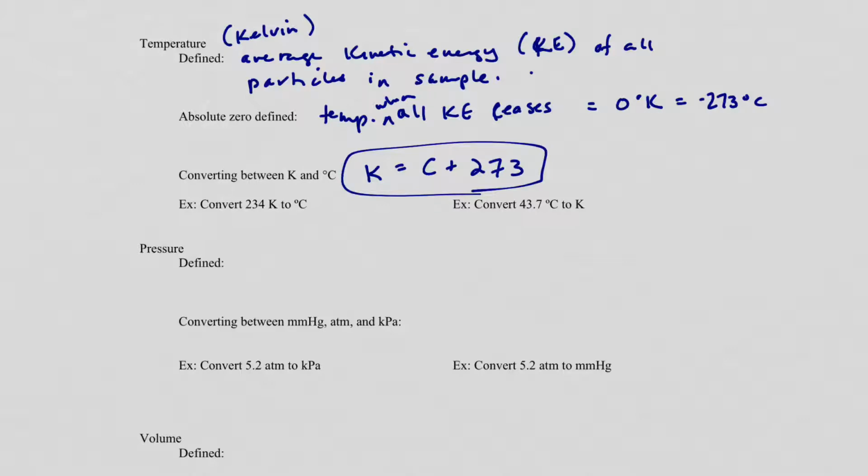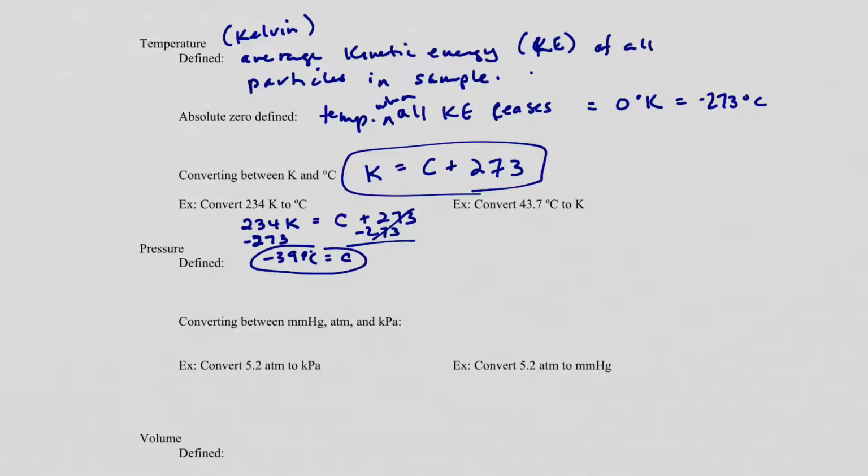So for examples, if you convert 234 Kelvin to Celsius, we're going to put the number 234 in for the K. Celsius, C, is going to be our X, plus 273. So solving for C, we have to subtract 273 from both sides. And so Celsius is therefore negative 39 degrees Celsius.